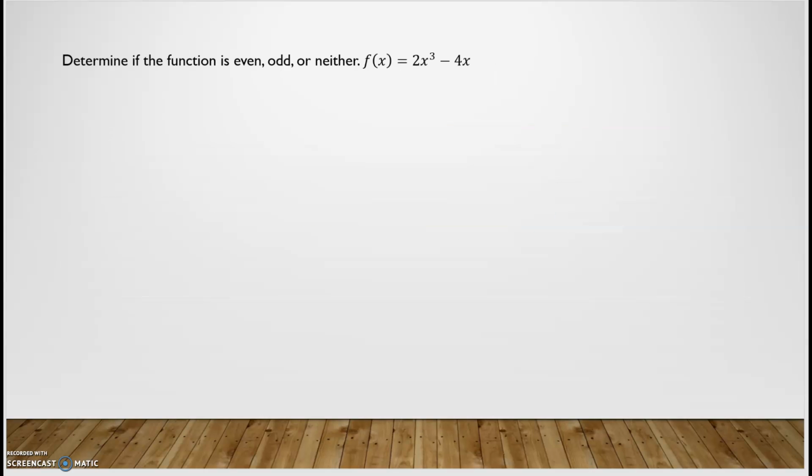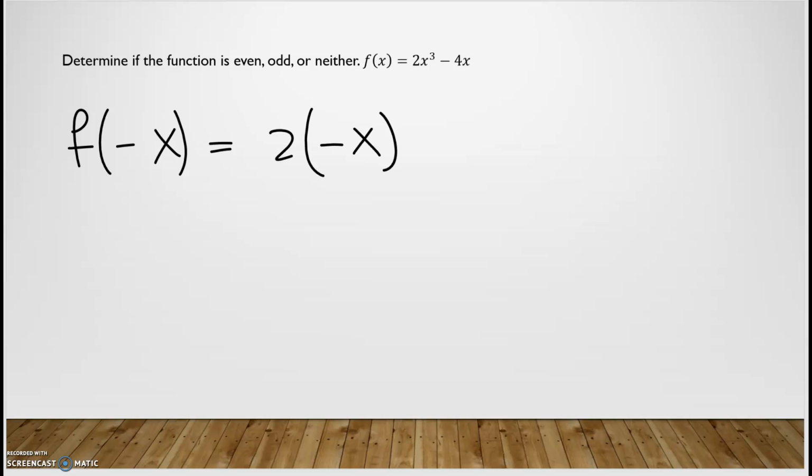So let's look at this one right here. I'm going to take negative x and plug in this negative x everywhere I see an x. Okay, so that's going to be a negative times a negative is positive, times a negative is still negative, so this is negative 2x cubed.